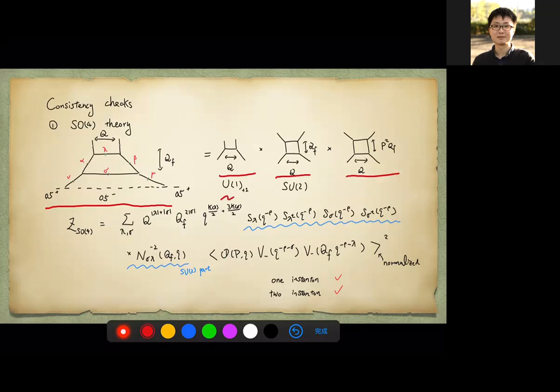This is a U1 factor times two SU2 gauge theories, and these two SU2 gauge theories are already decoupled. Of course, we can use the O vertex mentioned before, and we checked that the one instanton and the two instanton expressions really matched with the known result in the localization calculation.